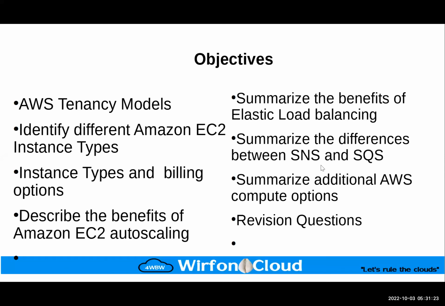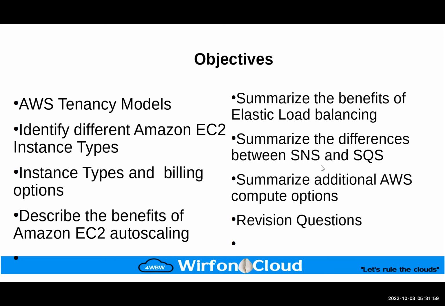Okay. So the objectives of today's module, at least before we end today, we should be able to learn something about AWS tenancy models, identify the different Amazon EC2 instance types and billing options, describe the benefits of Amazon EC2 auto-scaling, summarize the benefits of elastic load balancing, summarize the differences between SNS and SQS.